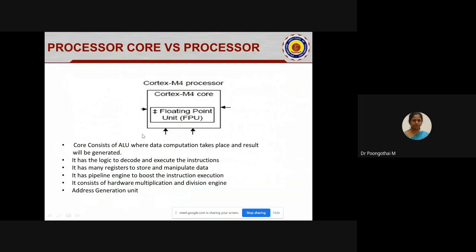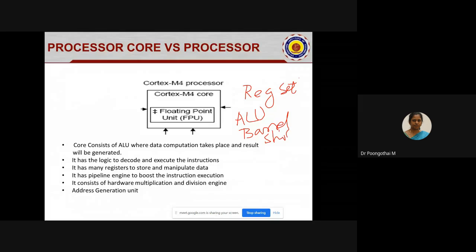So your Cortex M4 core is actually the basic computational engine of the processor. It consists of its own register sets first, it has many registers, and ALU, where the computation takes place, and barrel shifter.